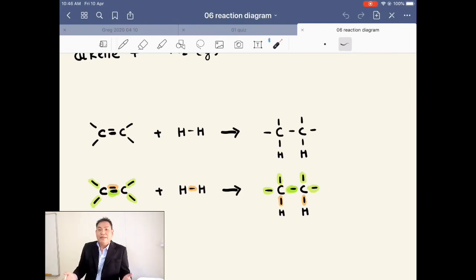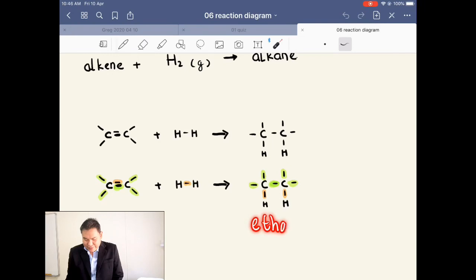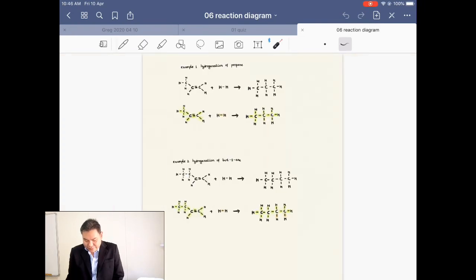That way you increase the number of hydrogens in the organic compound by 2. That's why you get alkane, and the product is called, of course, ethane. So that's reaction number 2.